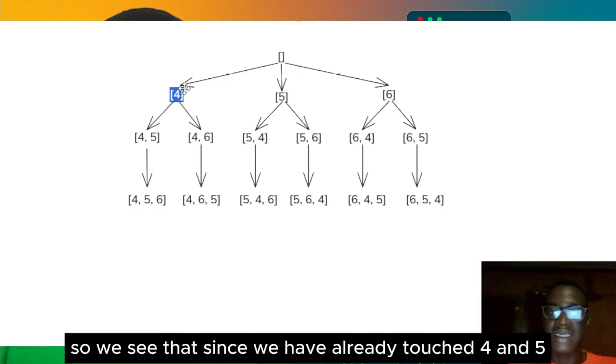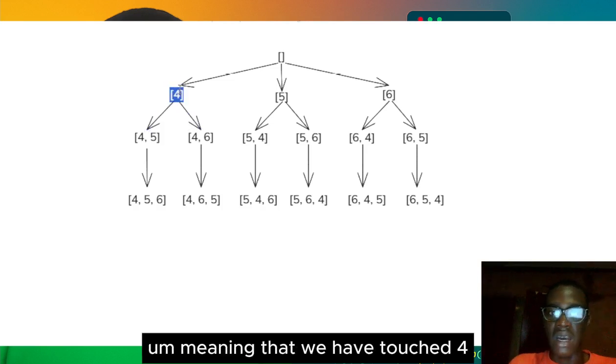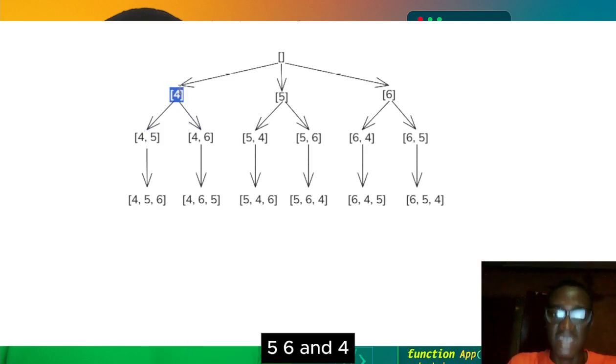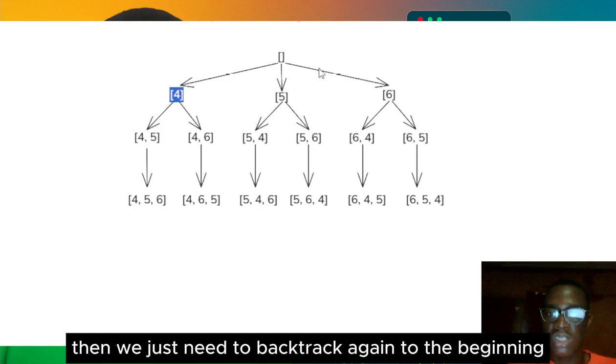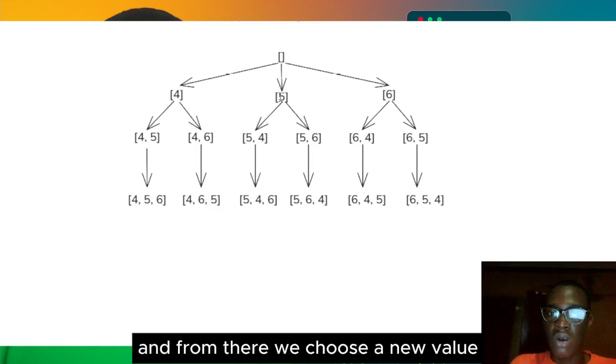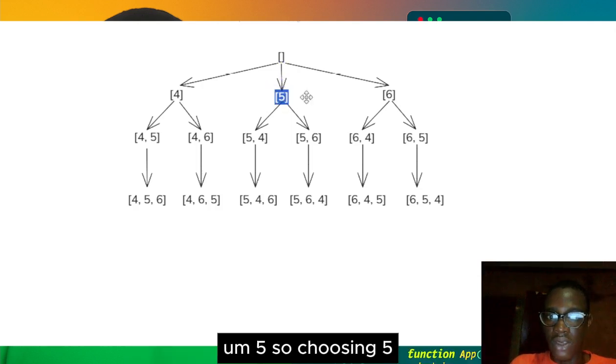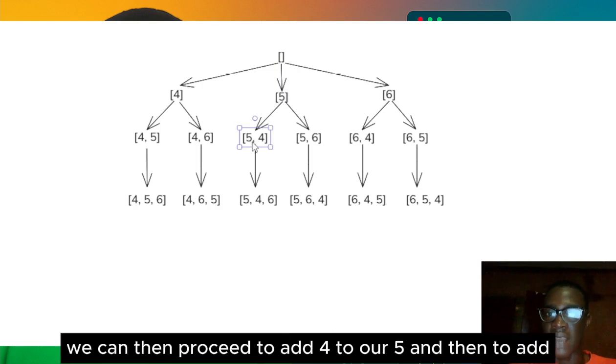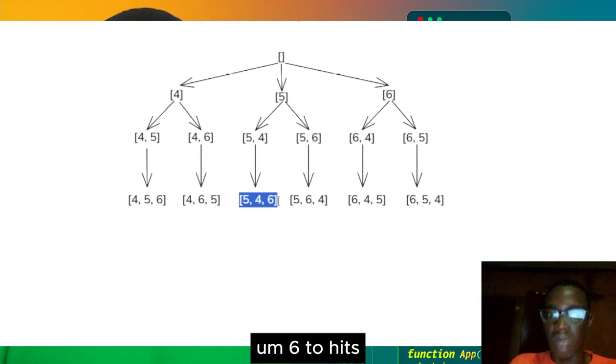So we see that since we have already touched 4 and 5, and we have already touched 4 and 6, meaning that we have touched 4, 5, 6 and 4, 6, 5, we just need to backtrack again to the beginning, where we have an empty array, and from there we choose a new value, 5. Choosing 5 now, we can proceed to add 4 to our 5, and then add 6 to it.